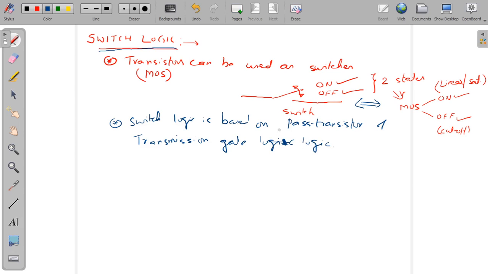Whether we study pass transistor or transmission gate logic, in all these cases the device used would be the MOS device, and this MOS device will be used as a switch. It will either work in on state or go in off state.